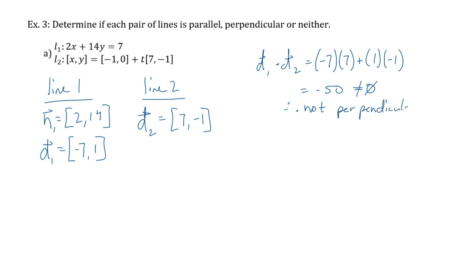Now we don't say that the direction vectors are not perpendicular. We'll say the lines are not perpendicular, okay? Because that's what the question is actually asking about.